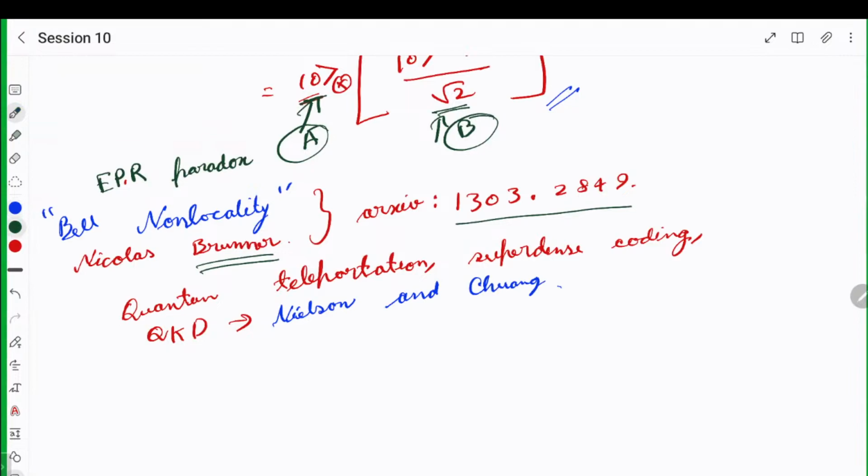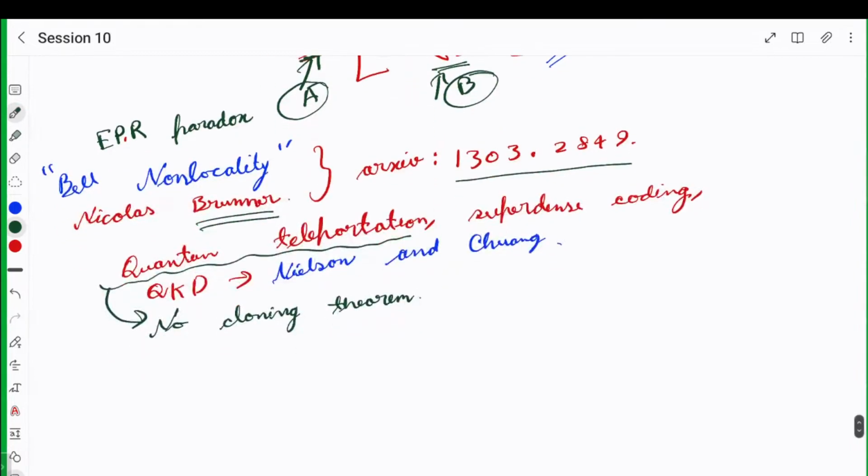And when you're learning quantum teleportation, make sure that you know about the no-cloning theorem. Okay, and yeah, so I think that's about it.